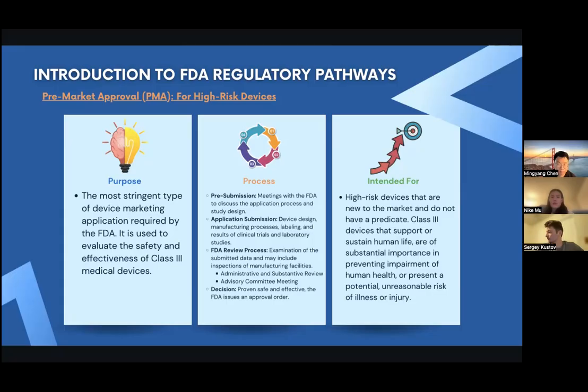It is intended for high-risk devices that are new to the market and don't have a predicate, Class 3 devices that support or sustain human life, are of substantial importance in preventing impairment of human health, or present a potential unreasonable risk of illness or injury. Next slide, please.